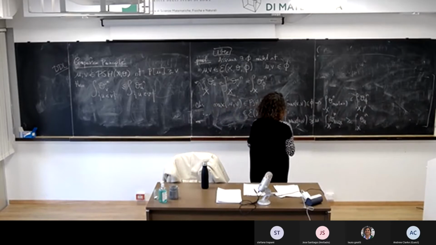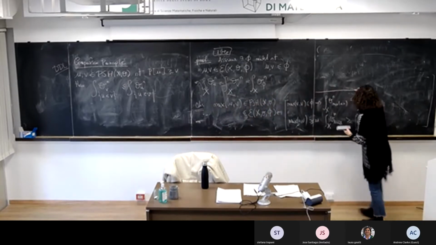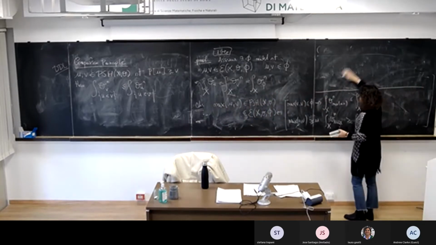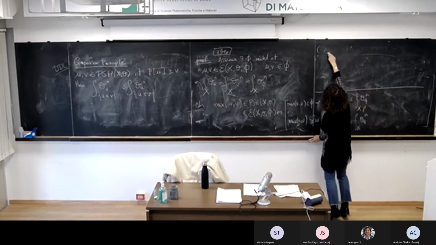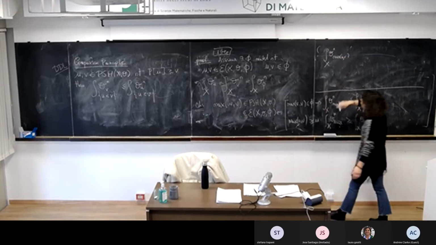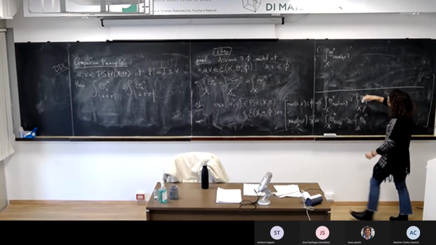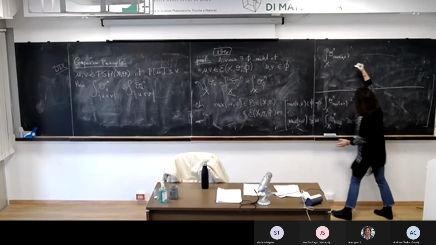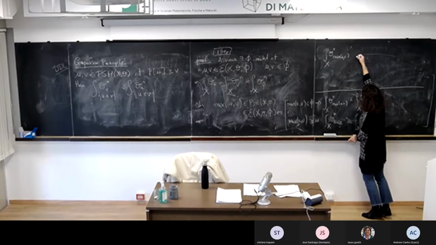Let me be here, and then I'm going to erase this. So it's the class E, and then we got that the mass of this is also equal to the mass of phi, the mass of u, whatever you want, all are the same, is also, look at this, greater or equal than the mass of the same guy.